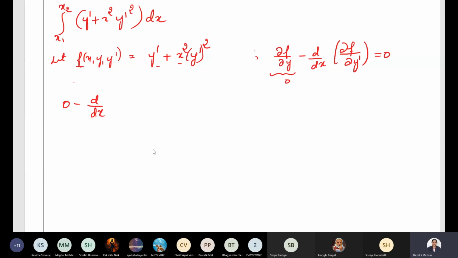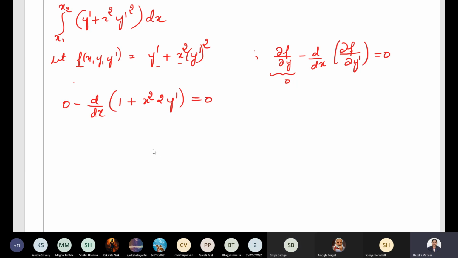Differentiate f with respect to y dash. Differentiation of y dash with respect to y dash is 1, plus x square will remain as it is. Then differentiation of y dash square with respect to y dash will be 2 times y dash. Am I correct? And that is equal to 0.